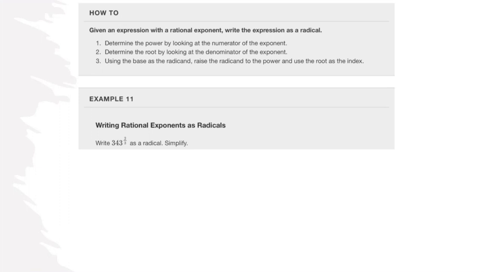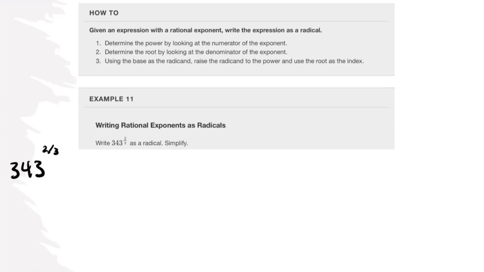Okay. So we have 343 to the power of 2/3, right? So we can write this as a radical. Let me see. I feel like it would be easier to take the cube root first. Siri, what's 7 to the power of 3? 7 cubed is 343.